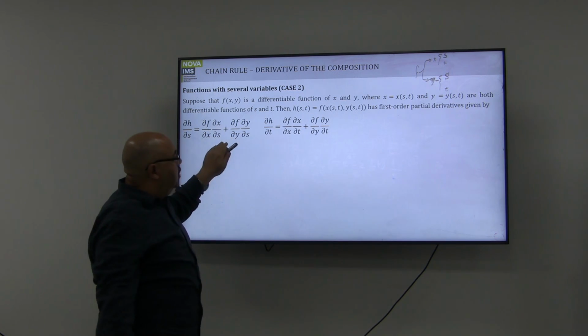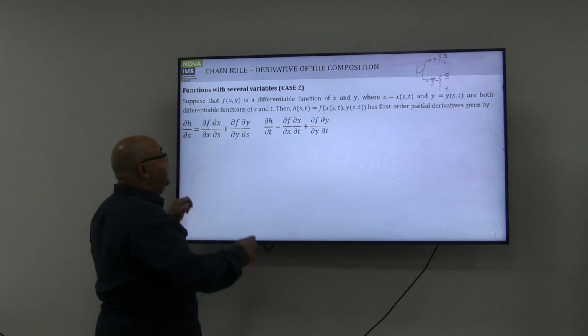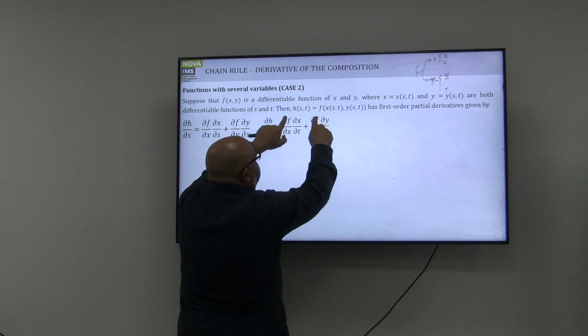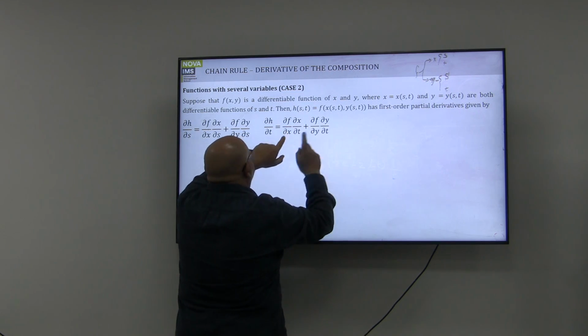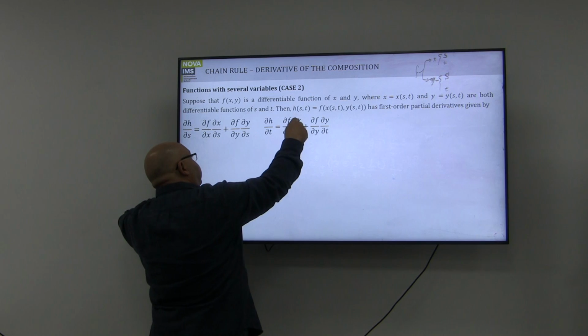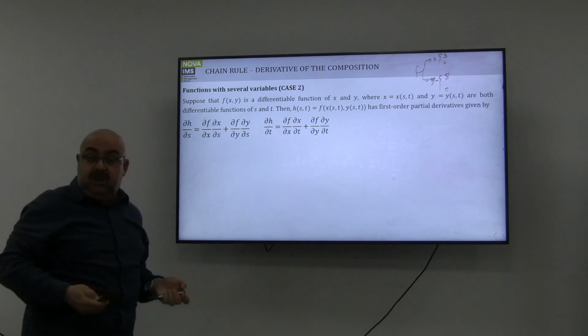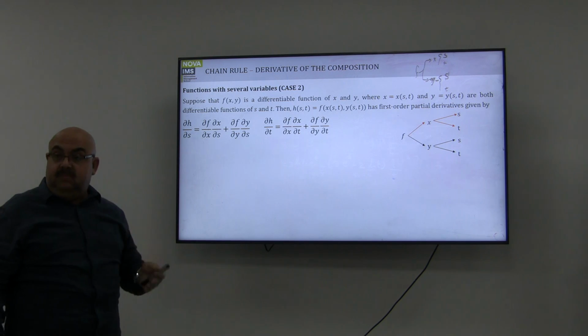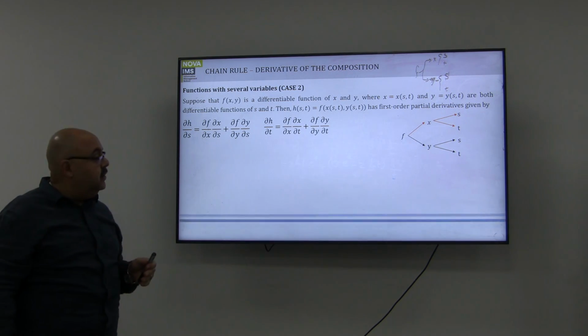In each case, if you remark, the derivatives partial f partial x and partial f partial y already exist in here, but the difference is that here I will differentiate x with respect to s, while here I will differentiate x with respect to t, as you can see. That's the shape. I think this is much easier with the colors and everything.